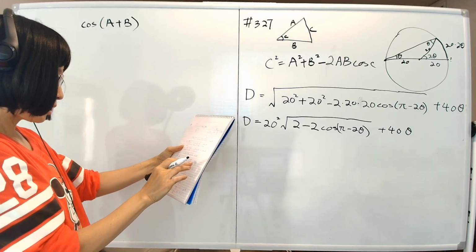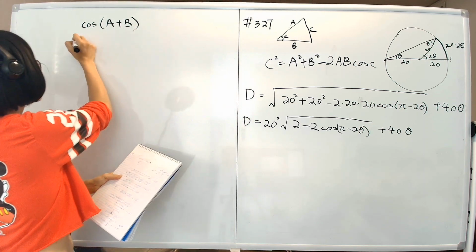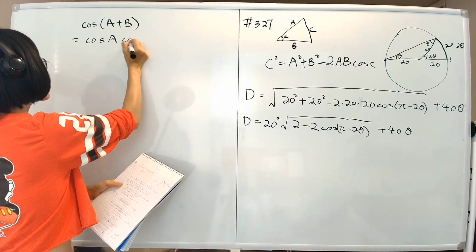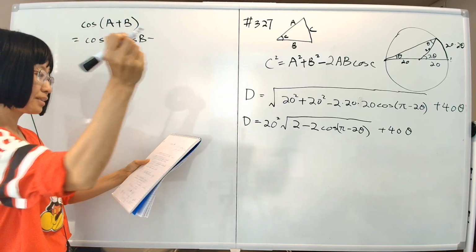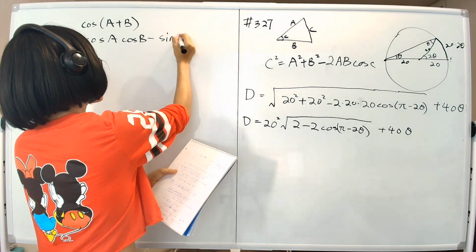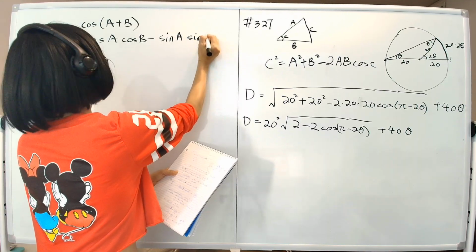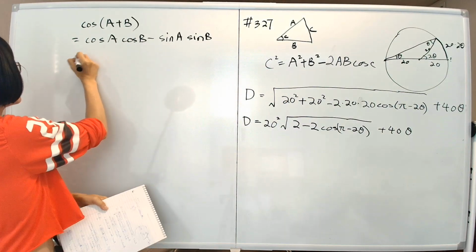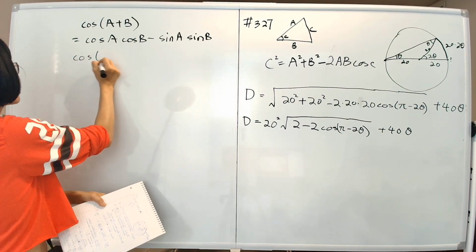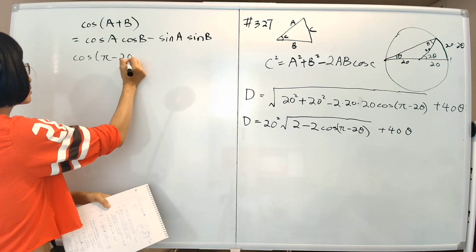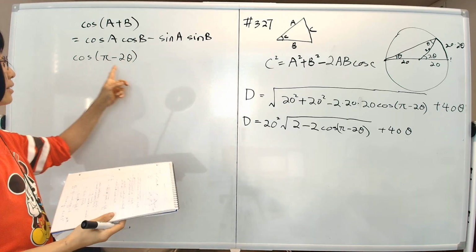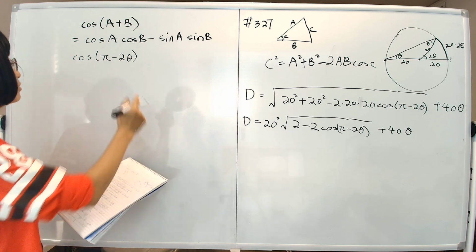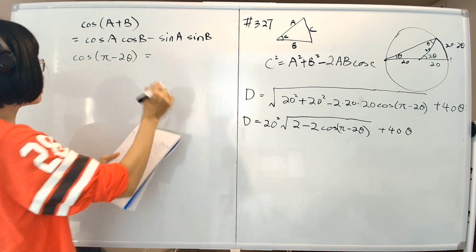It equals cosine A cosine B minus sine A sine B. And therefore, the cosine of pi minus 2 theta equals, plugging in pi as A and negative 2 theta as B, cosine pi is minus 1.